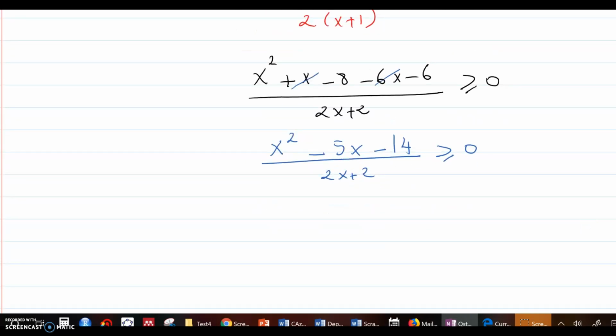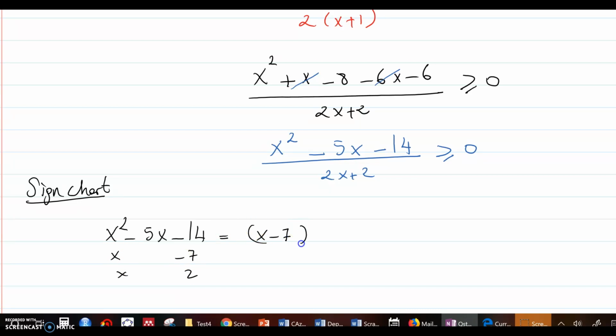Now what we're going to do, we're going to deal with a sign chart here. So first we're going to take the numerator and factor it. So the factors will be 7 and 2, so that multiply to negative 14, cross multiply and add to negative 5, so we can write it as x minus 7 and x plus 2, right?